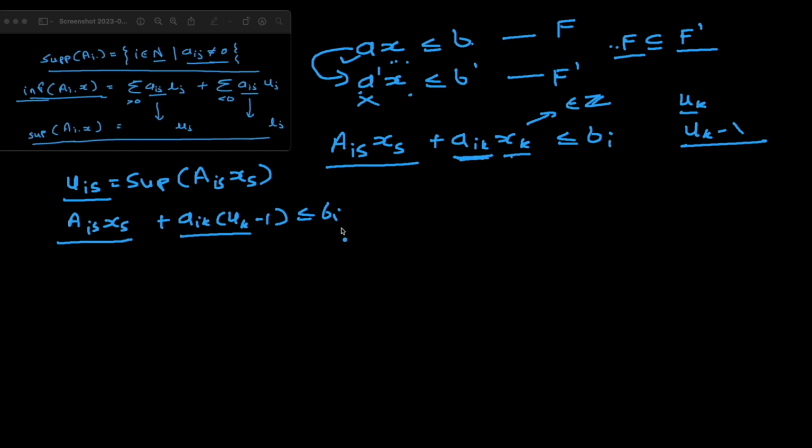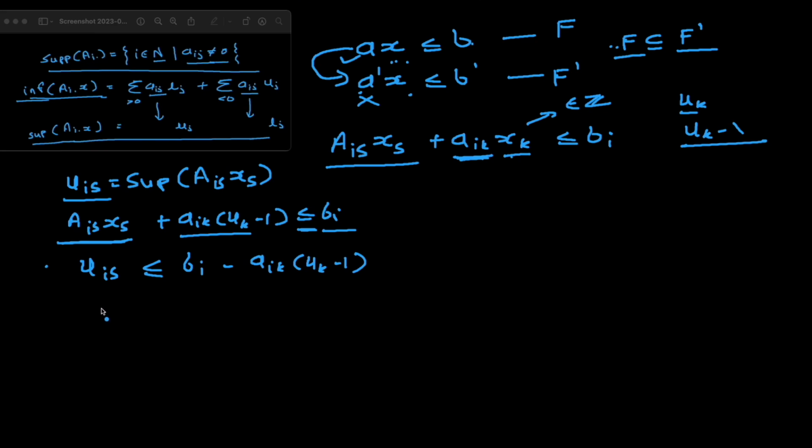So this part is constant, this part is constant, only the variable part is over here, and this is like an upper bound on this variable part, right? So if the supremum of this part, which is UIS, is already less than or equal to BI minus this term AIK times UK minus 1, in that case this constraint will already be satisfied, right?